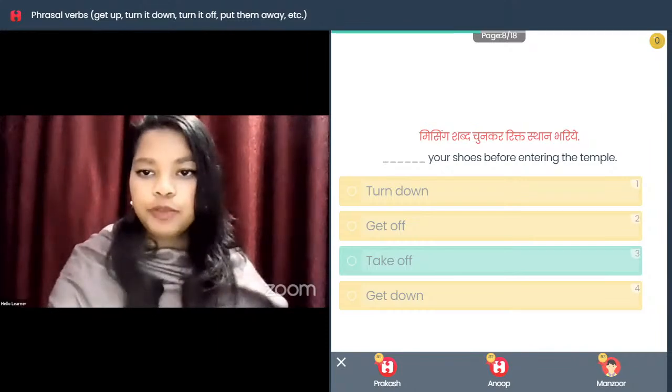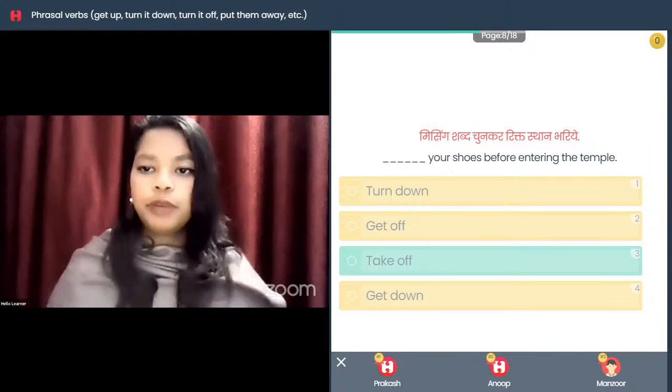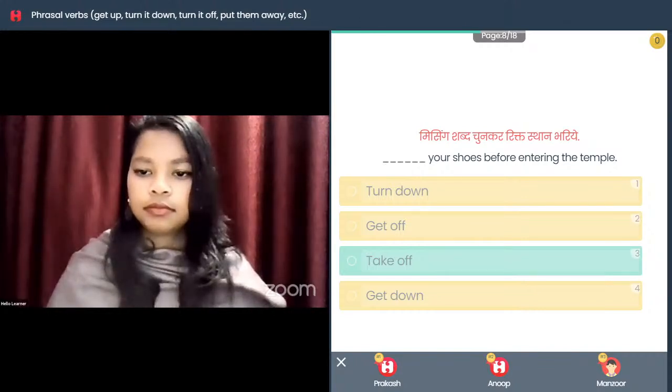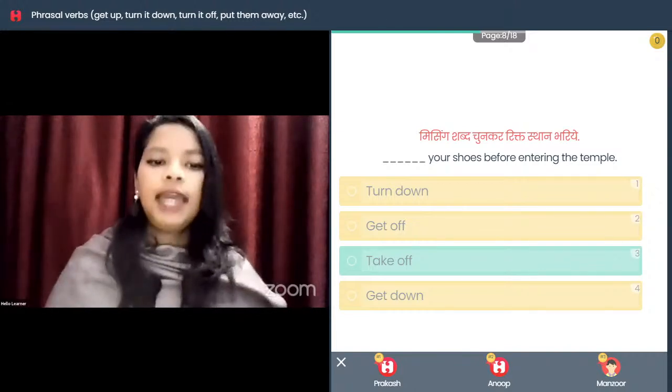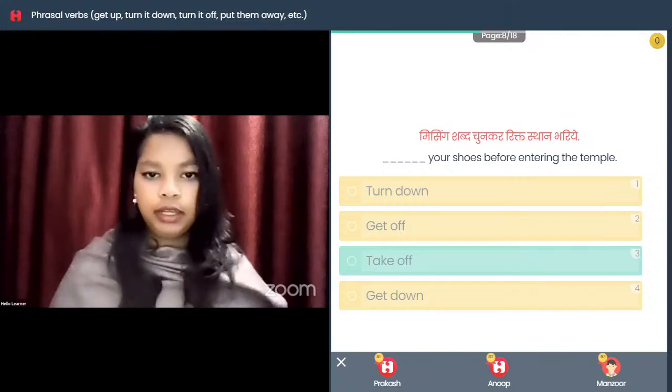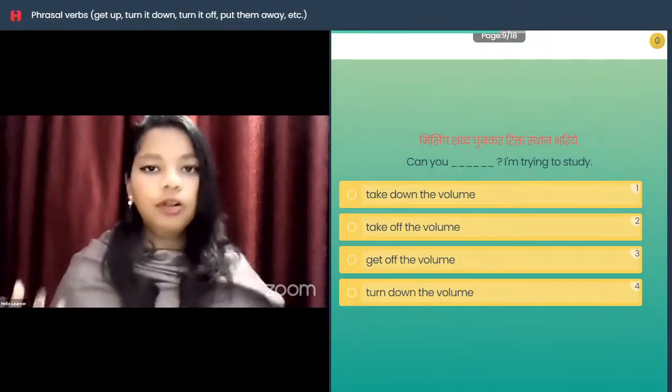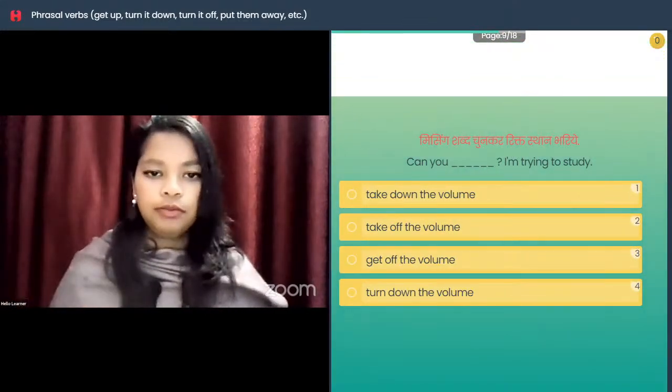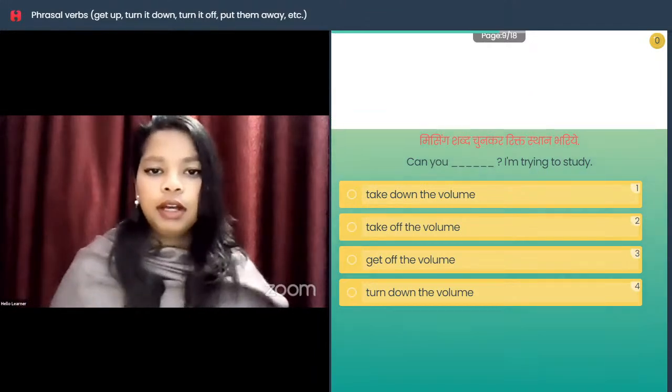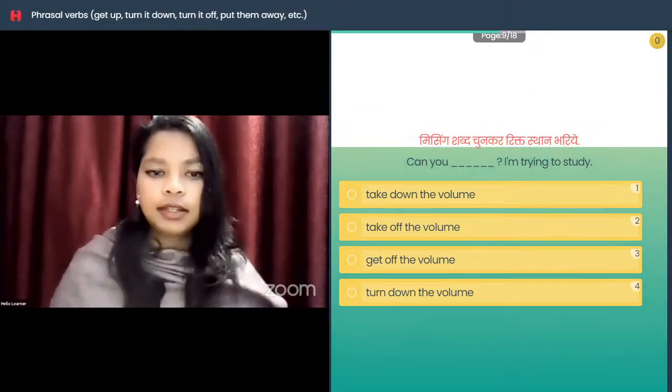Get down your shoes before entering the temple. So Prakash, would you like to try? Take off your shoes before entering the temple. Yes, take off your shoes before entering the temple. Take off your shoes before you enter the temple.